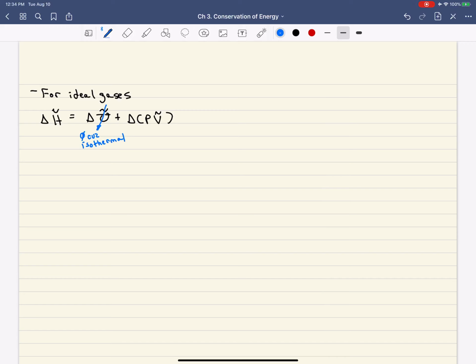For the PV term, we could once again apply the ideal gas identity that we used earlier, and this is going to be equal to RT. So we have R times delta T. We pulled the R out of the delta because it's a constant. But the other thing that's constant as well is temperature. So our delta T here is actually 0 because the system is isothermal.